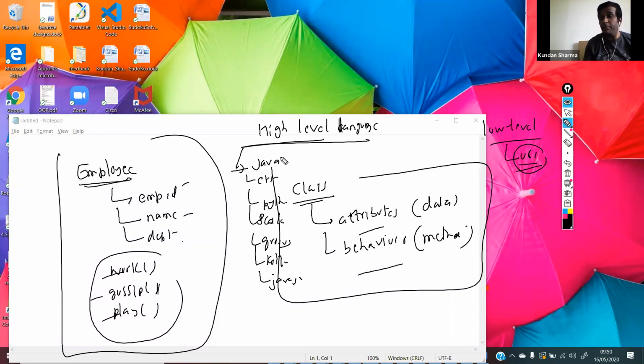They are called high level languages because they are just like English, and we human beings can understand them. So whenever we issue instructions to the computer, these high level languages have to be converted into low level languages. Clear? Okay.